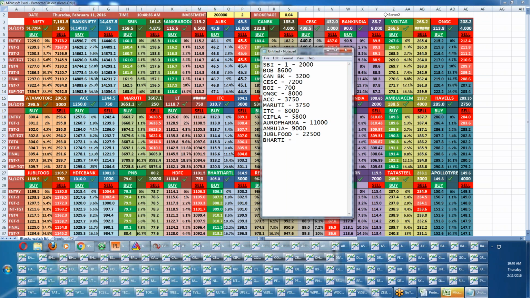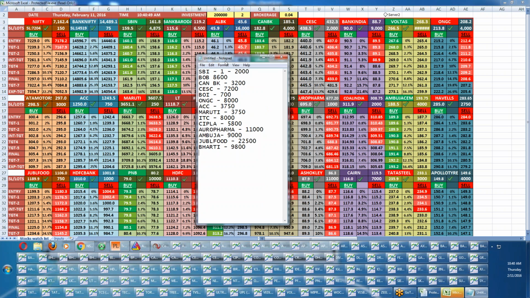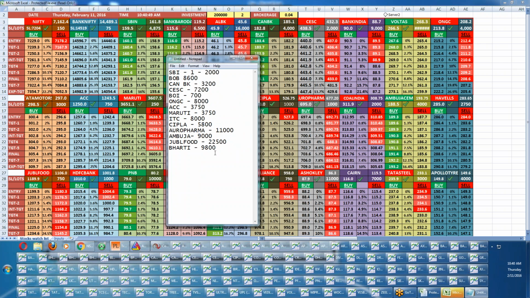Eight into 1200, that's around 9,800 rupees on that. Ashok Leyland was the entry at 87.30, and now it is at 86.30.